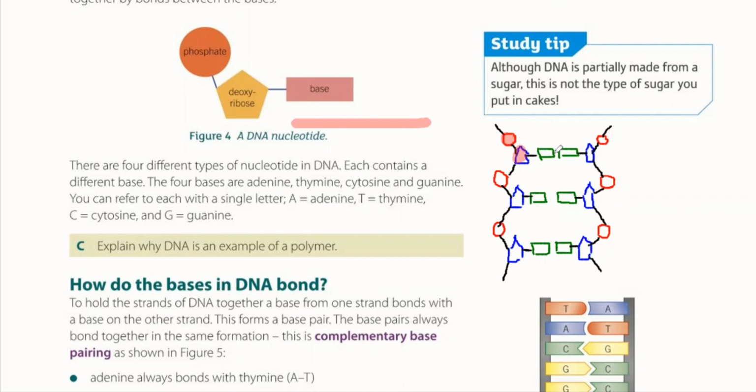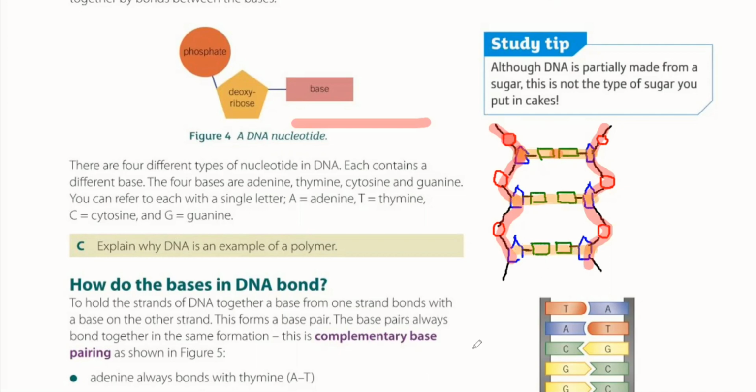The two strands are connected, and the bases are connected together. So these will become the two strands of the DNA. They will get twisted together, and they are connected together with the bases. This is the actual structure of the DNA.